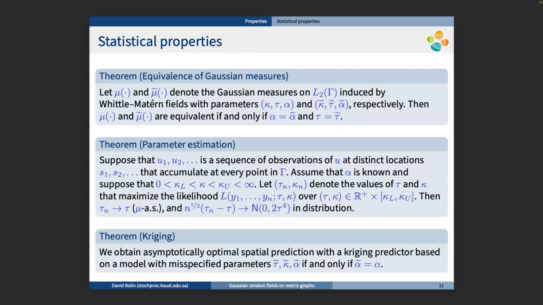And if those are misspecified, these predictions might be inaccurate, because you are doing the prediction under misspecified parameters. But essentially what this last informally stated theorem says is that we do not have to worry about that. So in fact, asymptotically, as you get more data, the only parameter that will matter for the quality of spatial predictions is the smoothness parameter. All right, and again, this is the same type of behavior as you see for Gaussian Matern fields in R^d.